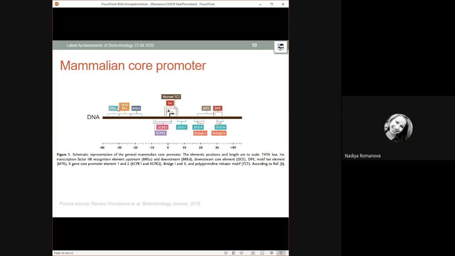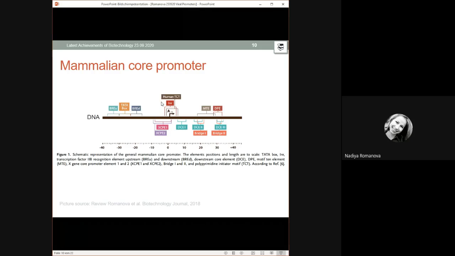So these are portions of the DNA with a very conserved nucleotide sequence. They are very small, up to 10 nucleotides long. And these specific parts of the core promoter attract the factors, the proteins which bind to it, and then start the transcription. So that's how you can understand it.